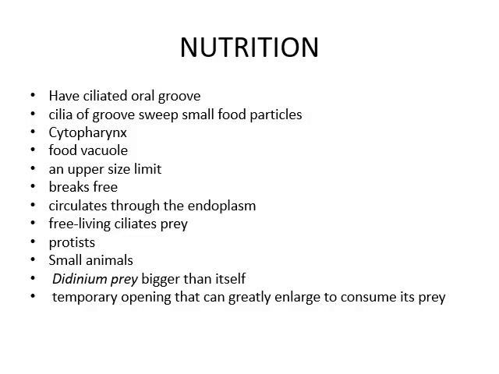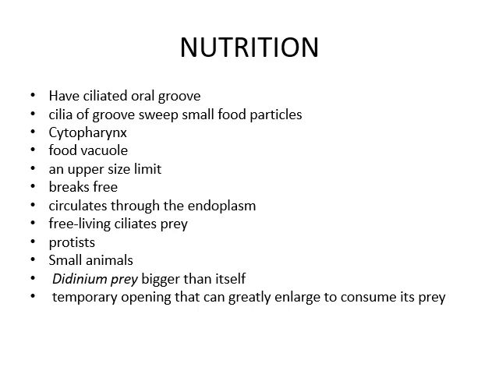Nutrition. So how does it take nutrients? Nutrients are taken in by the oral groove, and the cilia of the oral groove sweep small food particles into the oral groove, then into the spiropharynx. At that point it is converted into a food vacuole. The food vacuole grows in size up to an upper limit, then breaks down and circulates the material through the endoplasm.